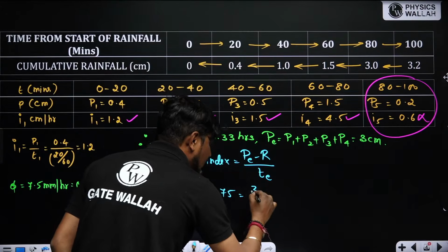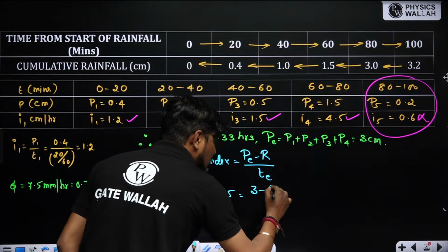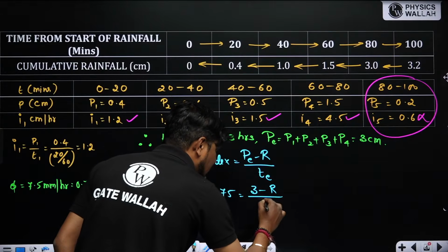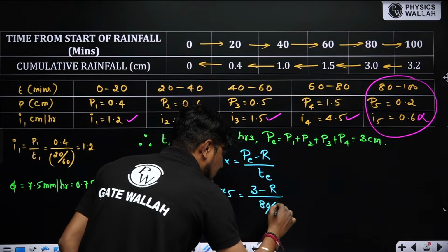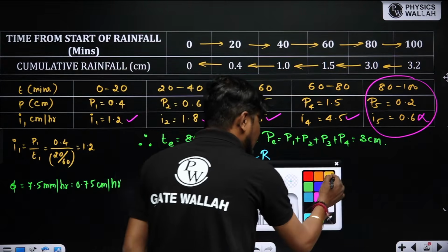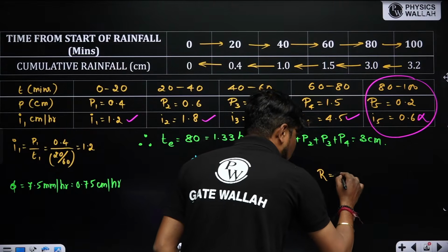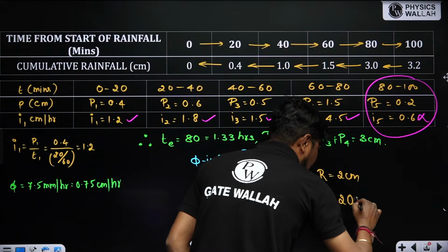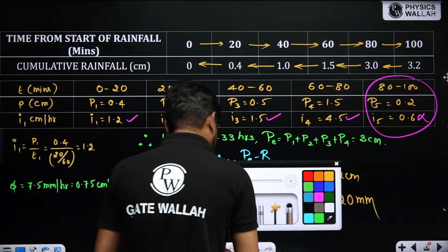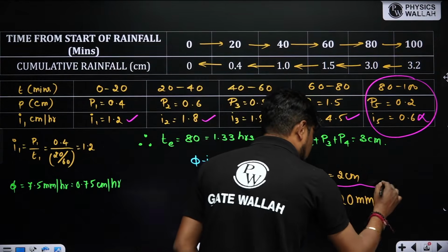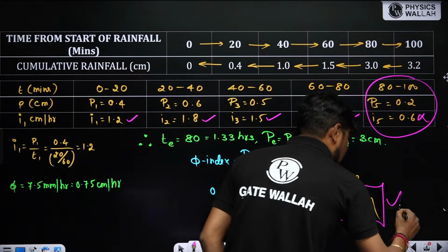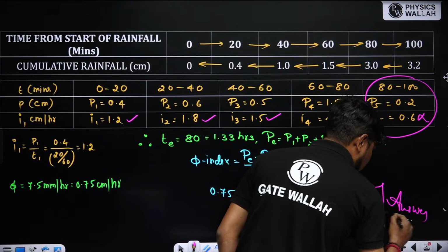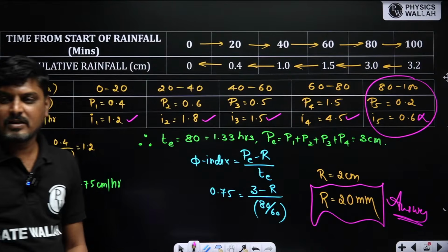PE 3 minus R, which you are supposed to calculate, divided by TE, 80 minutes, 80 by 60. Solve this, you will get R value equal to 2 centimeter, R equal to 20 mm. This is the required answer for this question.